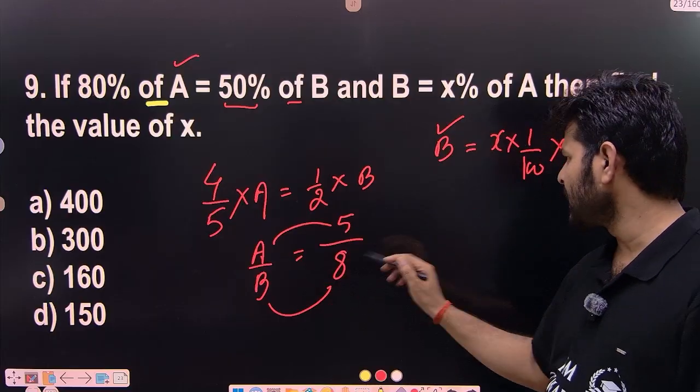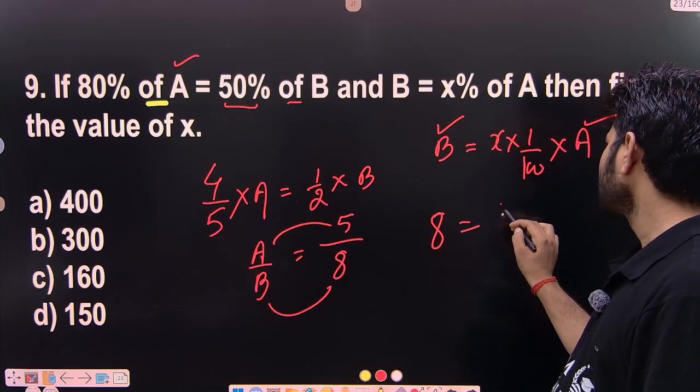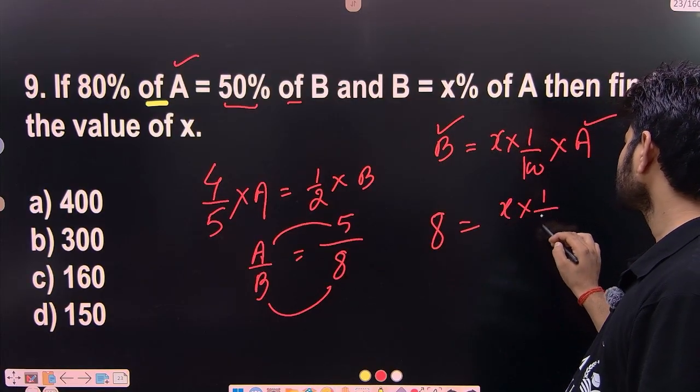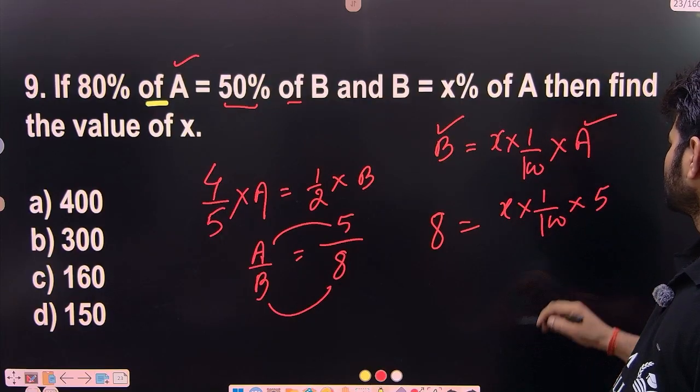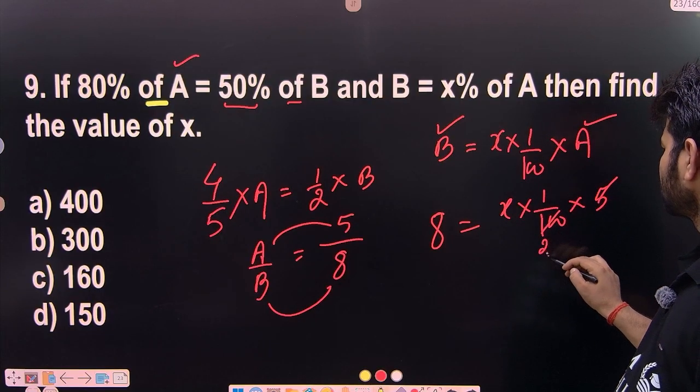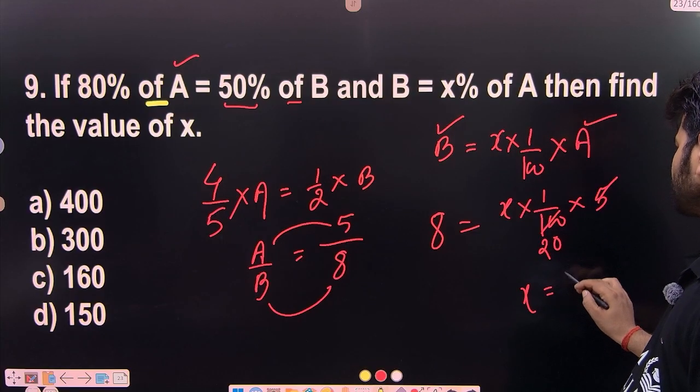Put the value of A and B. B is 8, X, and A is 5. So 20, you will get 160.